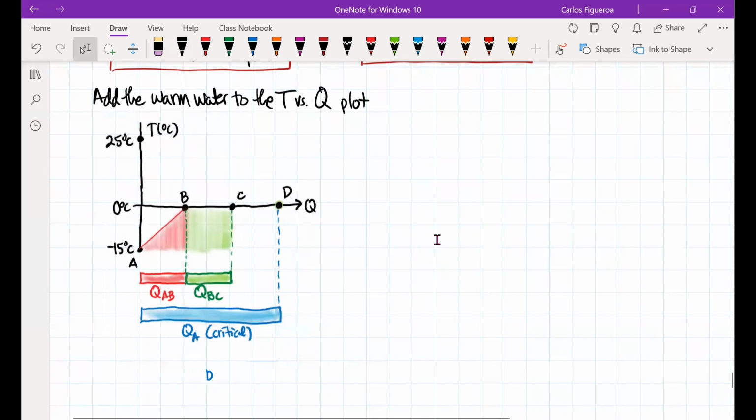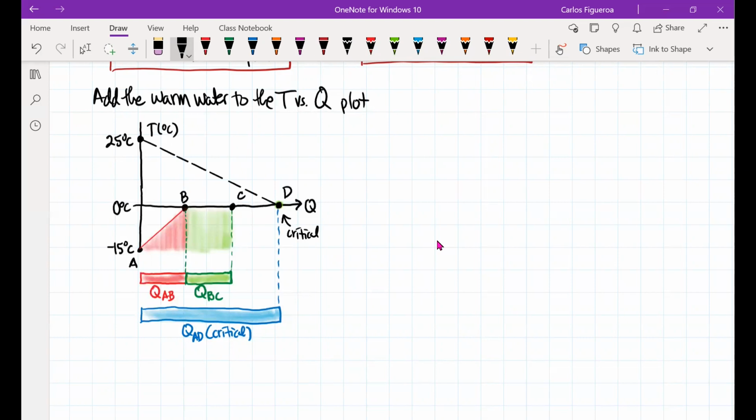So what I want you to see is what is the critical value. The critical value is this guy right here, right? That point right there is the critical value. So if I look at this line, the water has to decrease in energy here, internal energy.